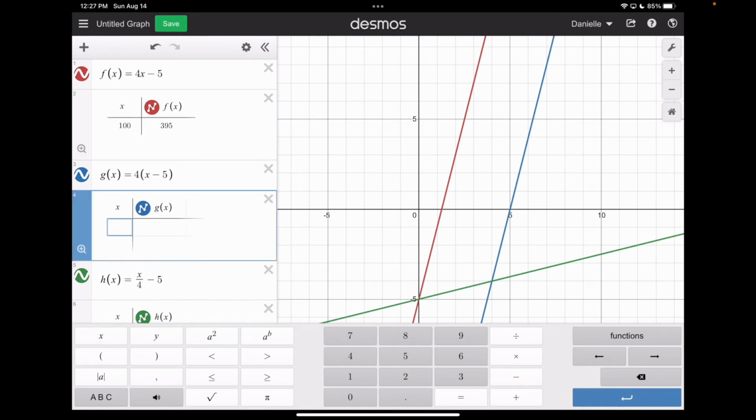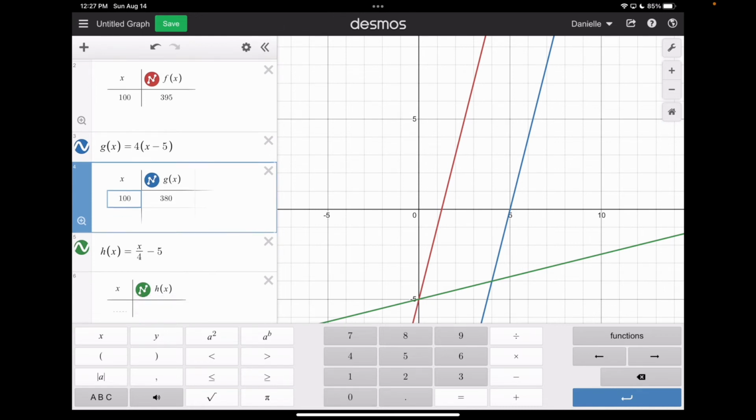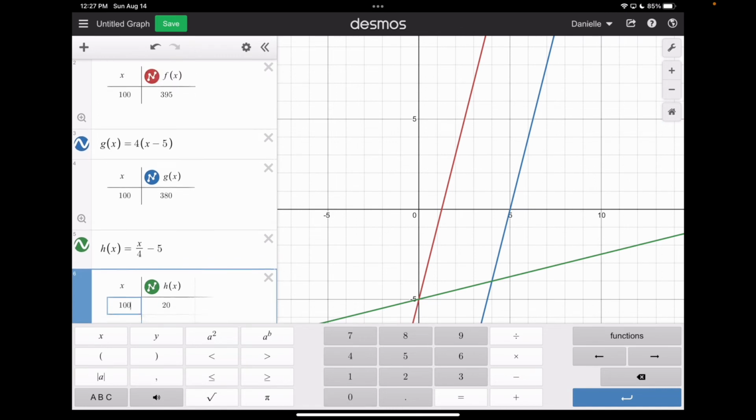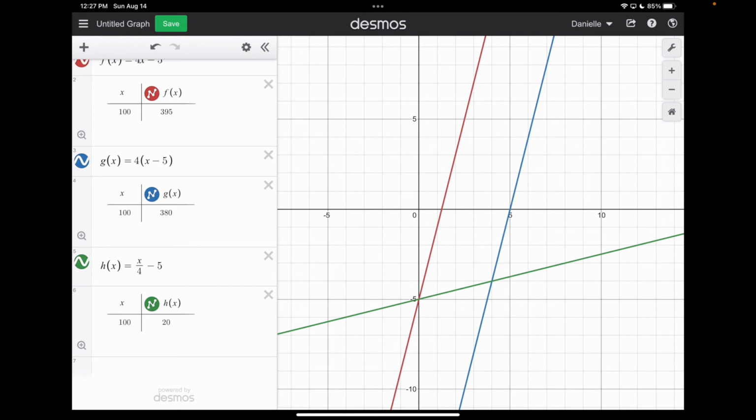Now my guess, before even looking at these, because I haven't looked, would be that function f is going to be the greatest at 100. And it looks like I was right, because h is the smallest.